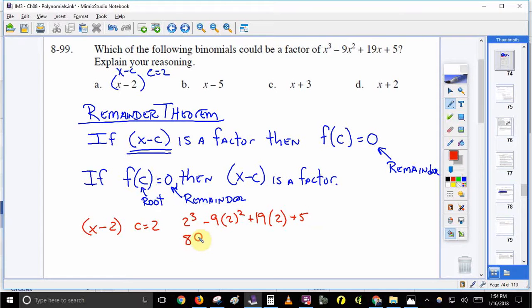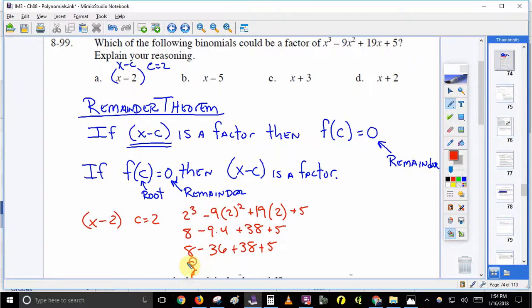So that's 8 minus 9 times 4 plus 38 plus 5, so 8 minus 36 plus 38 plus 5, which would be 8 plus 2 plus 5, so 15.